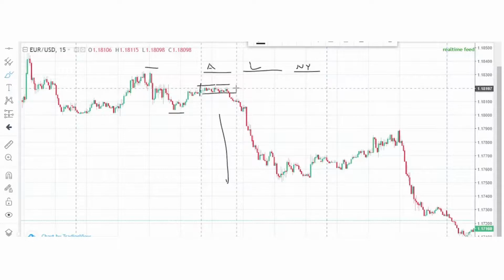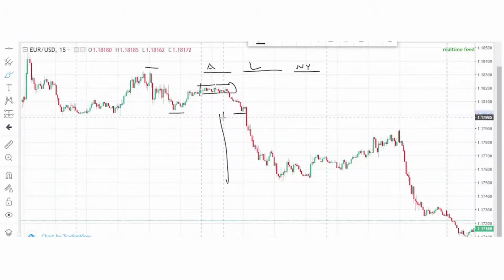So the market broke out of this range, but it has not broken out of the Asian session. This is the low of Asia right here, and this is the high of Asia.